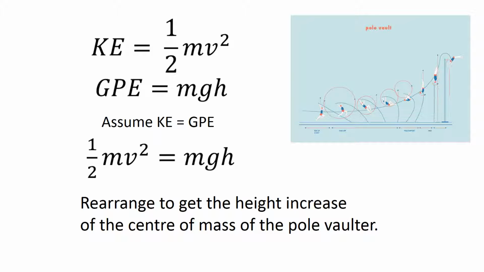So that and that cancel out, that and that cancel out, that and that cancel out. That leaves us with an equation: a half, that's how you write a half, v squared over g, or v squared over 2g, equals h.